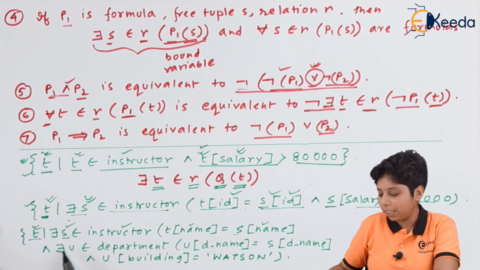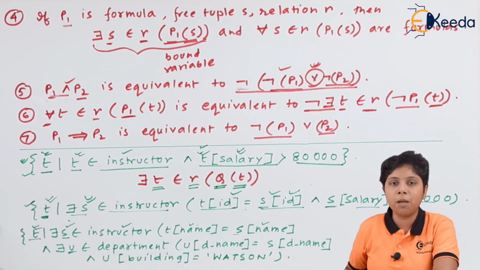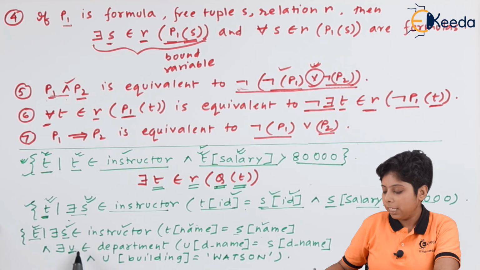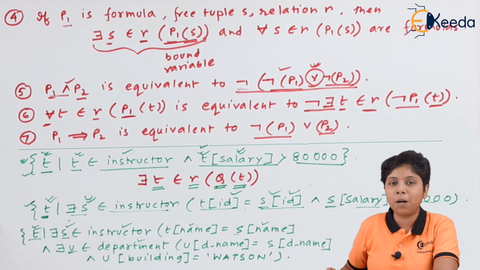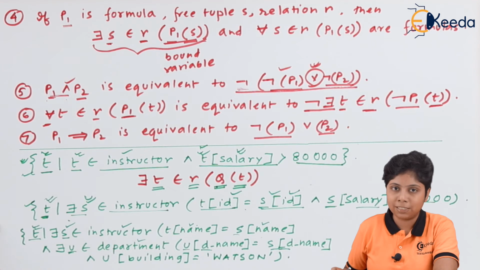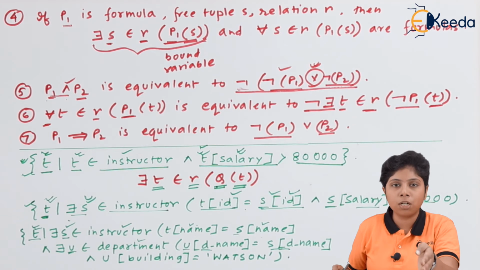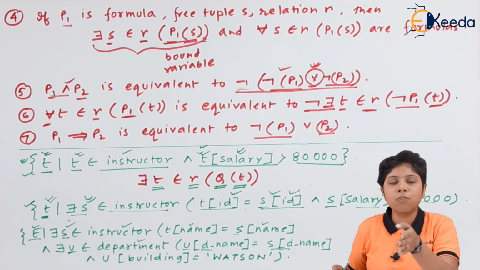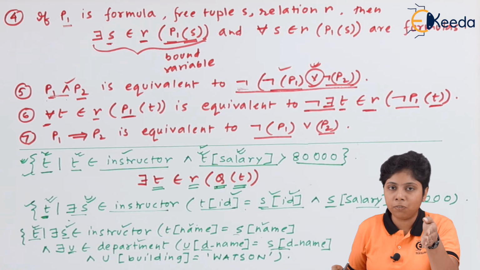Now we are introducing another bound variable in the tuple relational calculus, U, that belongs to the department, and then we are matching U and S, as the department name of U should be equal to the department name of S. S is from the instructor relation and U is from the department relation.